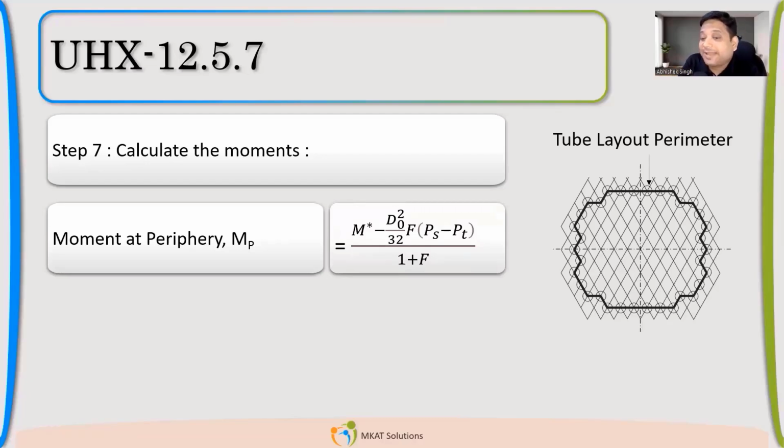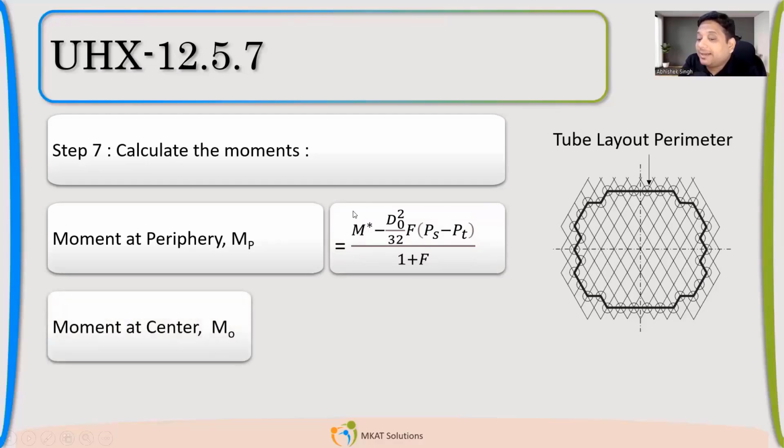So finally, the moment which I have calculated on the unperforated region will exert the maximum moment at this location, at the periphery. This is the formula to convert that M star which we have calculated into a moment at the periphery. So that is one moment acting at this point. Now at the center also, there will be moments because of that.